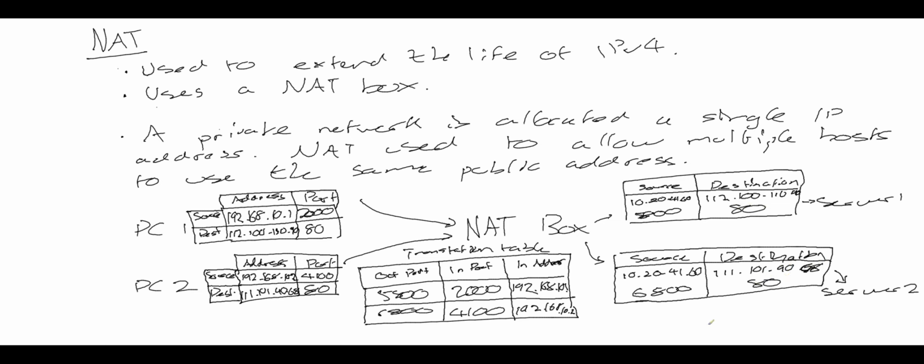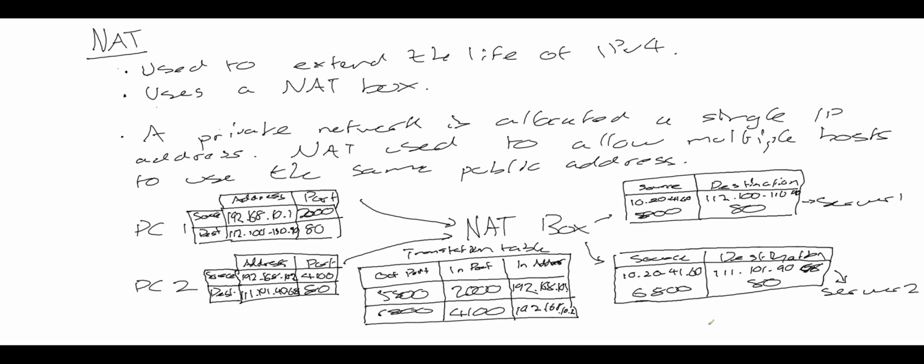Okay, so this is quite a complex process, NAT. The main thing you need to remember is that what NAT does in principle is it allows a single public address to be used for communication between multiple hosts and the public internet.